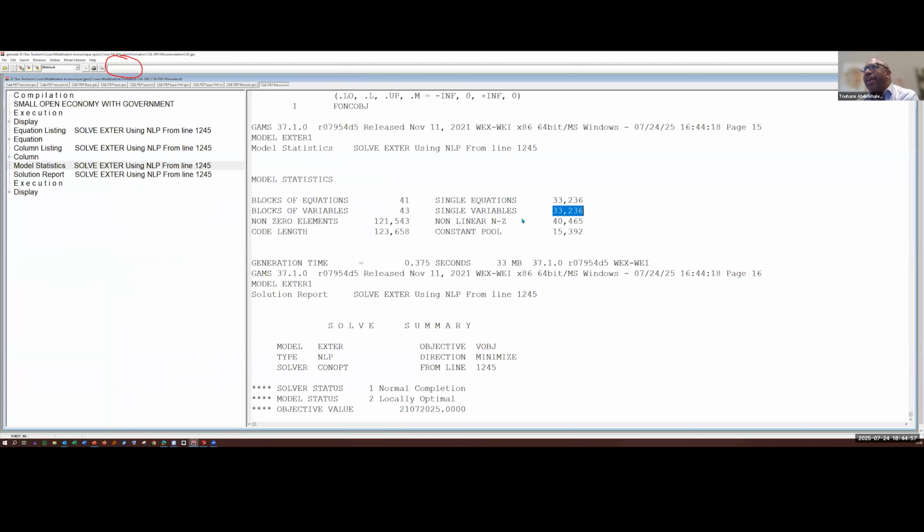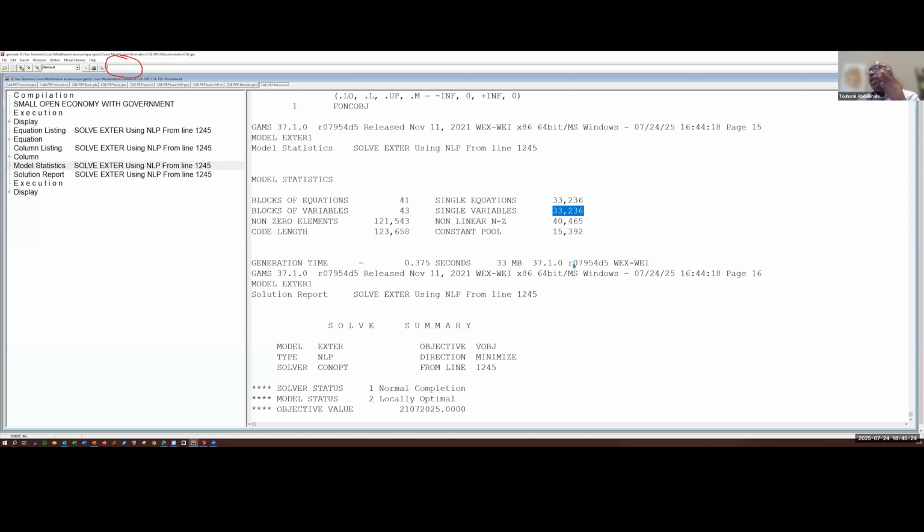Look at single variables and single equations. Look at why we have that. Because we are in a microsimulation resolution. We have many equations and many variables, as we are looking at all households, all integrated in our equations, in our model.